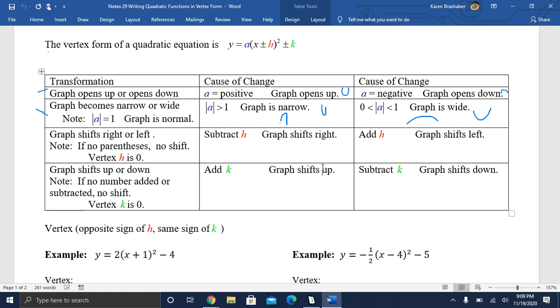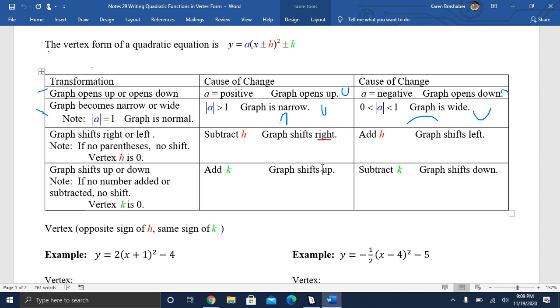So you have the a, and then you have the h. The h is inside of a parentheses. So it's either going to be added or subtracted to the x term. And so if you subtract h, and this seems a little strange, but if you subtract h, the parabola will shift to the right.